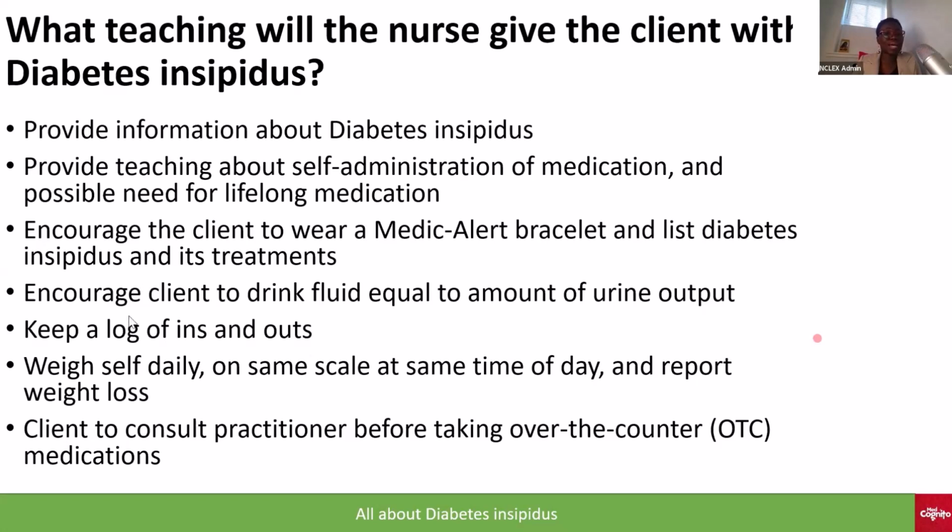And then they would have to keep a log of their ins and their outs, what they're taking in and the amount of urine that is given out every day. And they would have to continue with self-weighing daily on the same scale at the same time of the day, keep that record and report any weight loss.